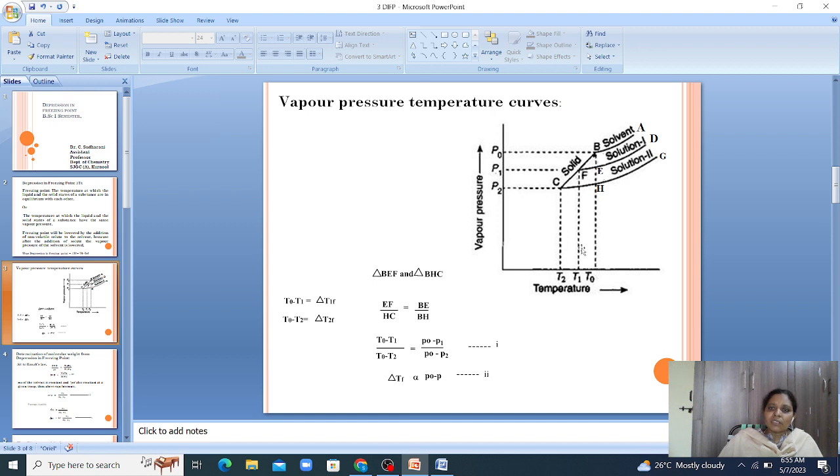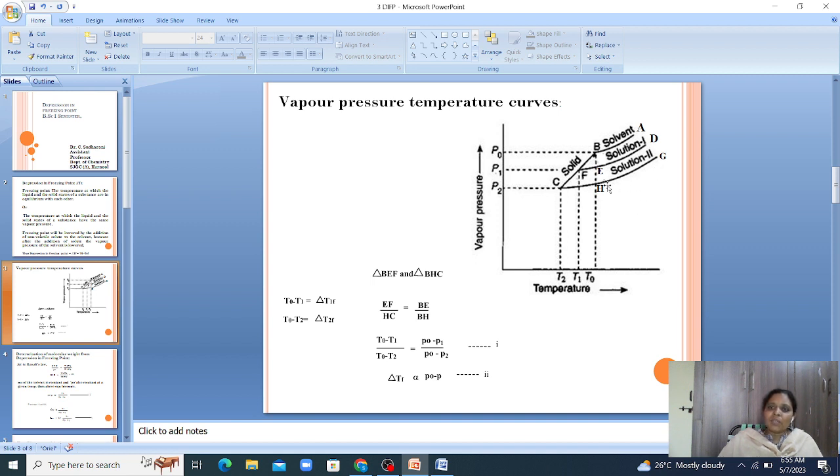If you observe, the freezing point of solution 1 drops to T1, and the vapor pressure also drops from P0 to P1. This is the lowering of vapor pressure after the dissolution of non-volatile solute in the pure solvent, as well as the depression in freezing point.